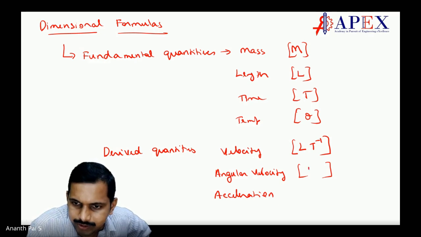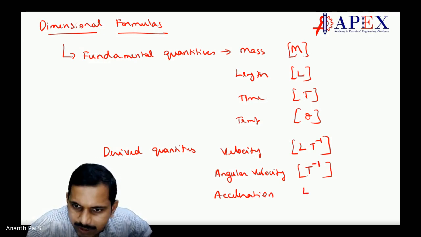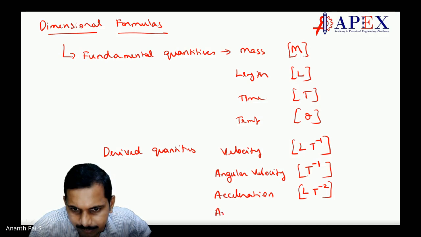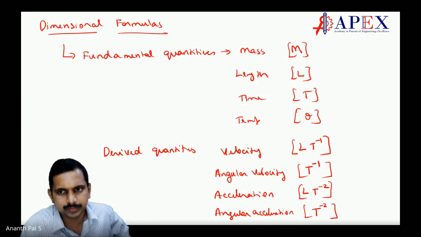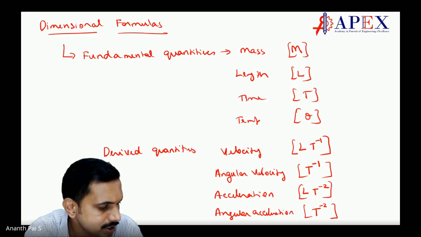Angular velocity is T^-1. Very important. Acceleration is LT^-2. Next, we have angular acceleration, which is T^-2. Convinced with this? Write this down. Later on, we will continue with other important things.